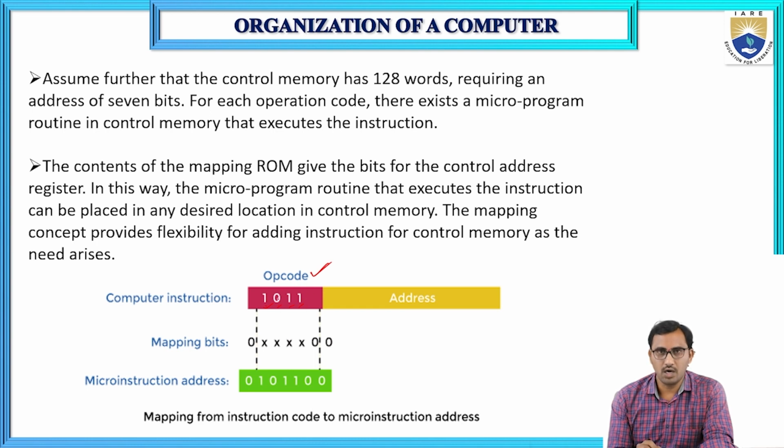These 4 opcode bits we map to a 7-bit micro instruction address. To do this, we place a 0 to the left side of the opcode and 2 zeros to the right side of the opcode, so that it forms a 7-bit micro instruction address.